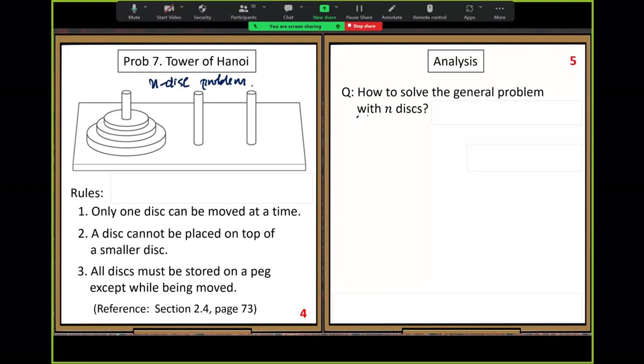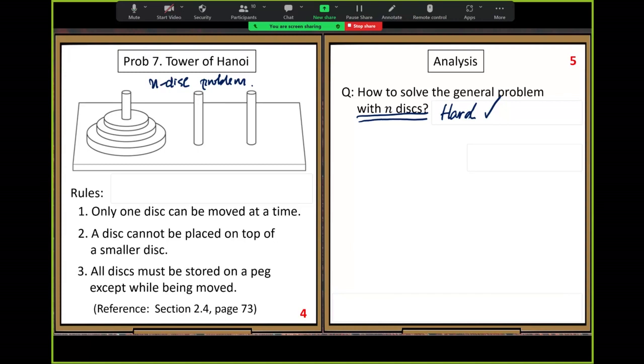This is our goal. Keep in mind that's our goal. But first, you can see solving the n-disk problem, it is hard, right? Do you feel hard? Yes, it's hard. I believe everyone feels it's hard for the n-disk problem.